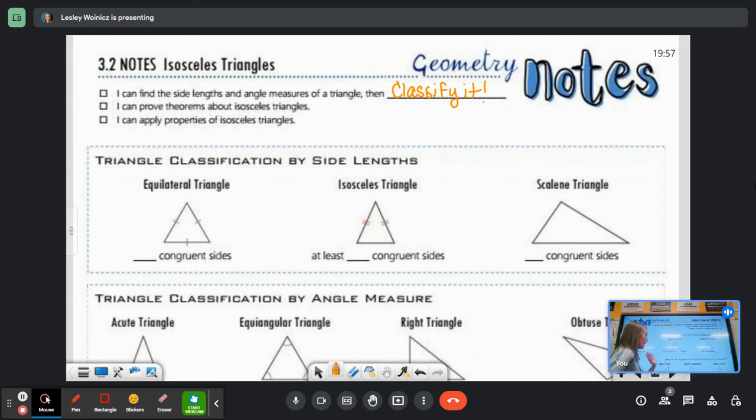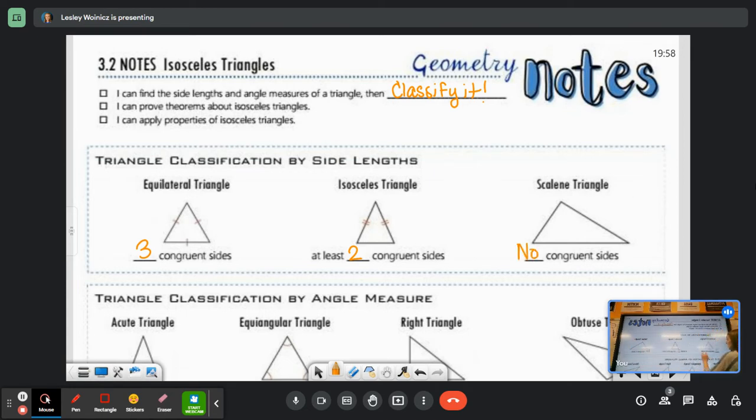Just to recap from our last video, an equilateral triangle has 3 congruent sides. An isosceles triangle has at least 2 congruent sides, and a scalene triangle has no congruent sides.